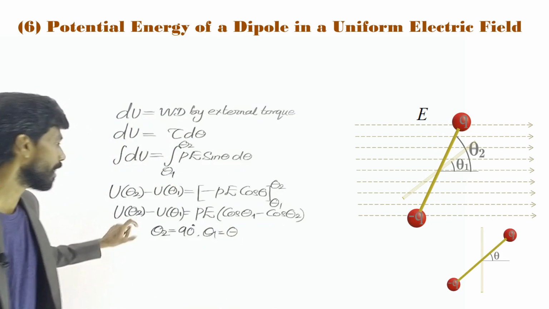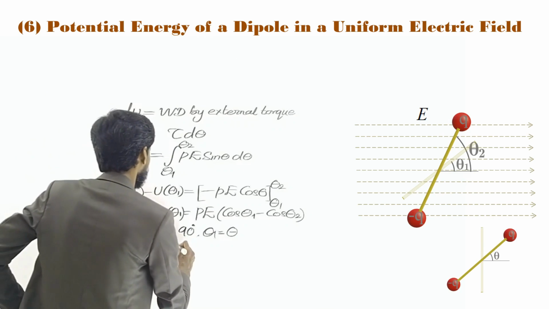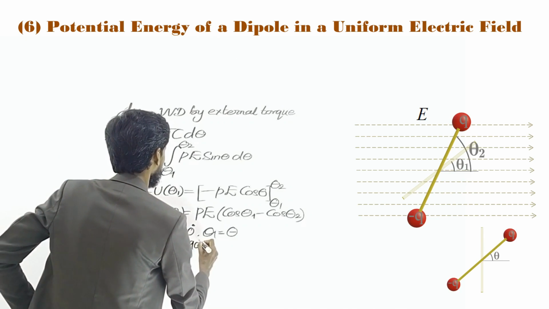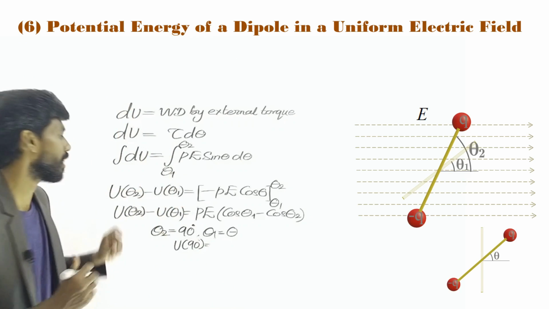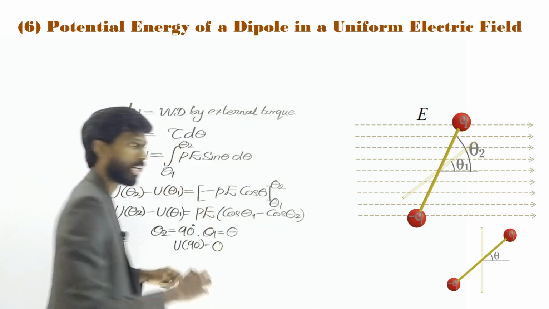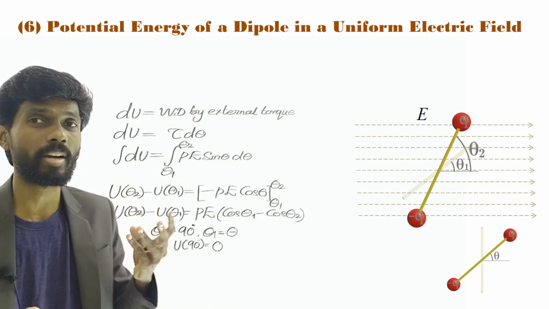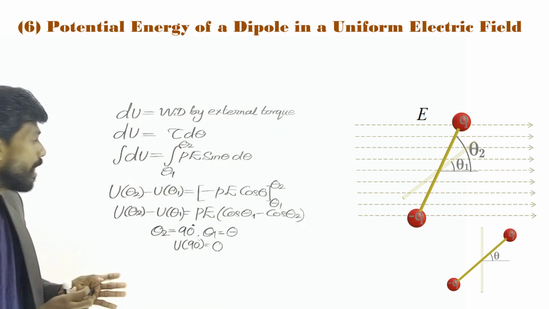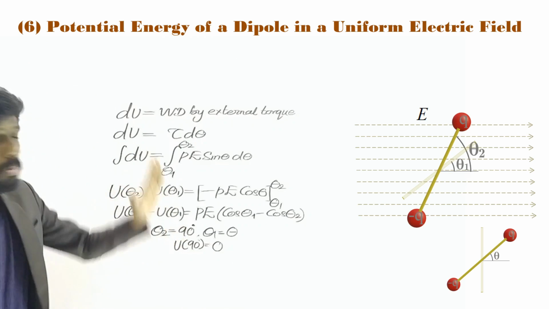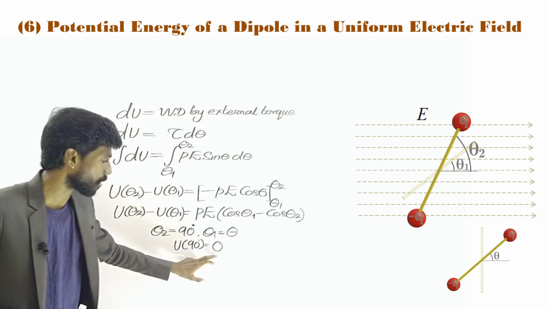We also assume the potential energy at 90 degrees, which means perpendicular, to be 0. We can assume whatever potential energy we want at any point, since it is only relative. So we assume the potential energy when the dipole is perpendicular is 0.